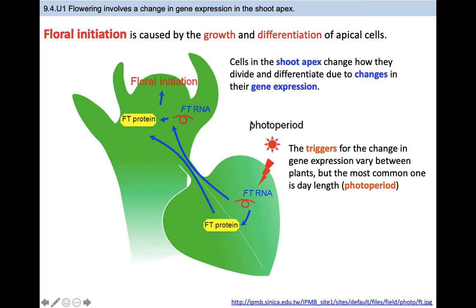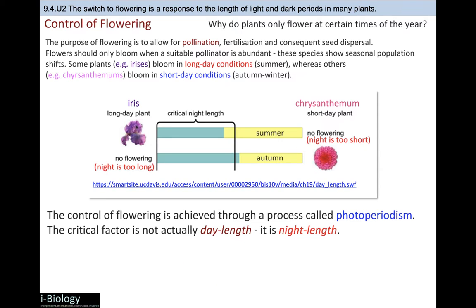So one of the things that's going to impact gene expression is light, or the length of the day, and we call this photoperiod. Okay, so the photoperiod, or the length of the day, will change gene expression. So we're going to look at two types of plants: long day plants and short day plants.